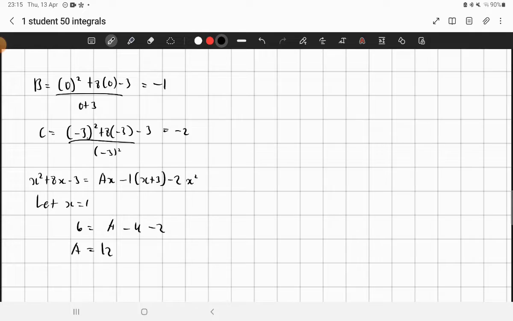Okay, -10. Wait, give me a second. I don't know where I made a mistake here. 1 plus 8, 1 plus 8 minus 3, 6. Then -1, 1 plus 3, -2, -6. Why on earth am I not getting the answer?